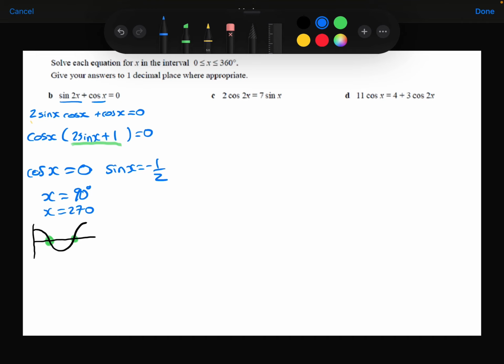For the second solution, if I do sine inverse of minus 1/2, I find that I get minus 30. Draw a quick sine graph. Going down to include the minus 30 here.